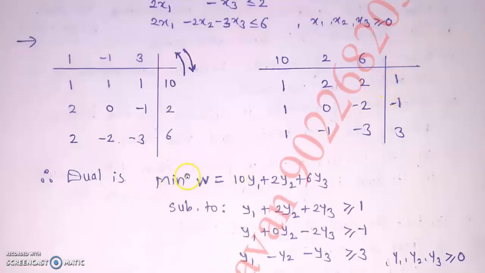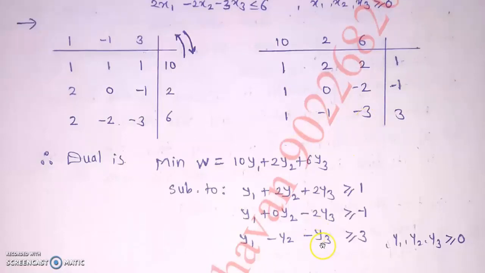Since the question is of minimization, the inequalities will be of greater than or equal to type. Second constraint y1 plus 0y2 minus 2y3 greater than or equal to minus 1, and third y1 minus y2 minus 3y3 greater than or equal to 3, and all these three variables are non-negative.